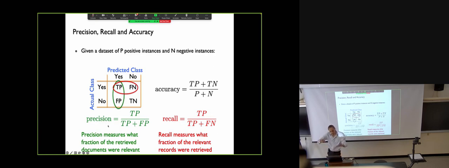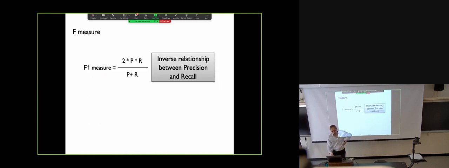Precision and recall are kind of complementary measures. In practice, often we have to make a decision: which one do we prefer? Do we prefer a model with higher precision or higher recall, and how do we combine them? The F measure, and especially the F1 measure, is a way to combine precision and recall.